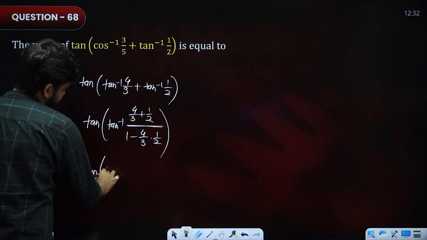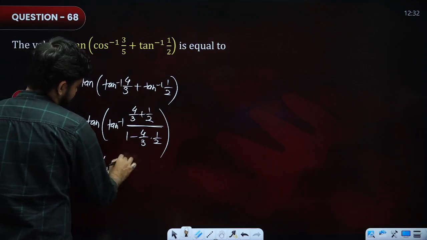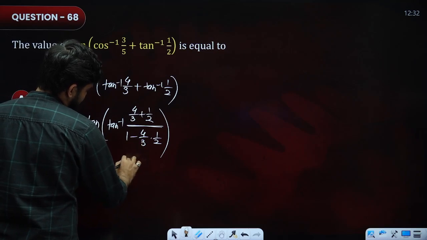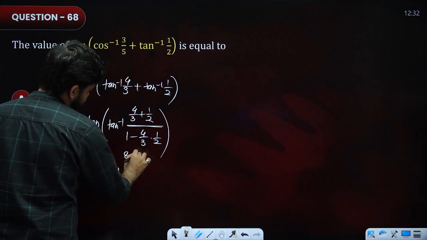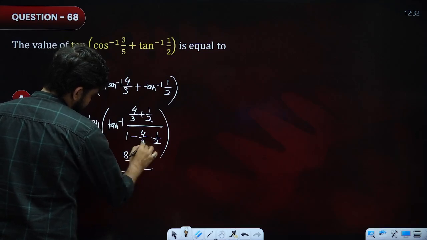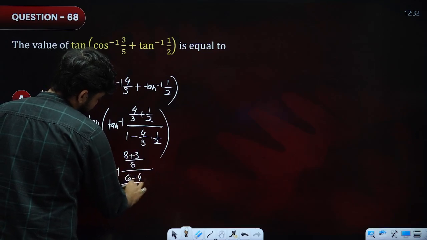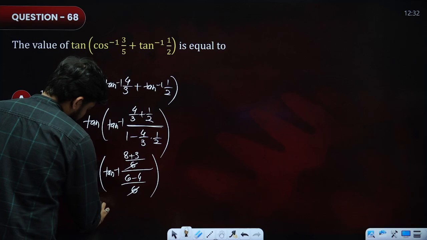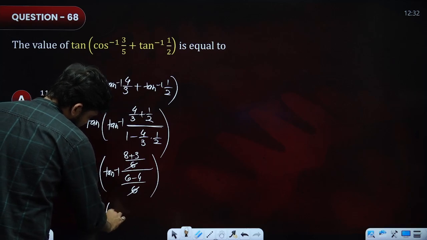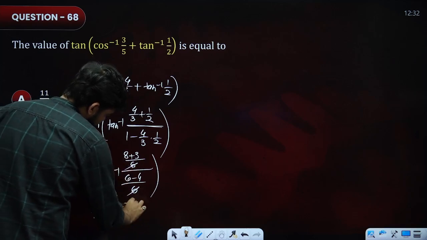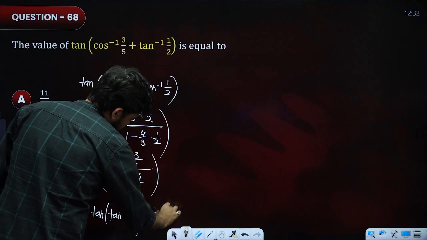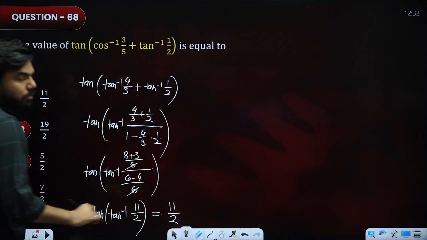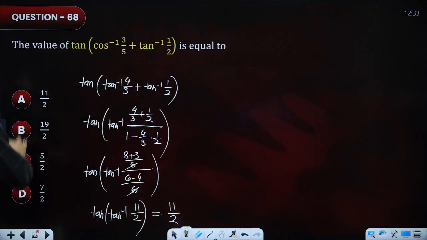Now we can write tan inverse, here we have 6, 3, 6 minus 4 upon 6, 6 cancel out, tan inverse 11 by 2. Therefore the value is equals to 11 by 2, correct? So answer A should be the correct answer.